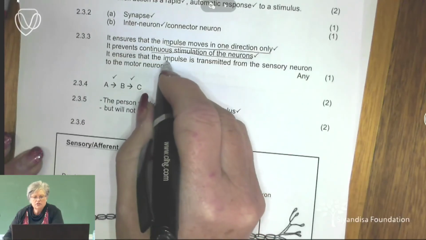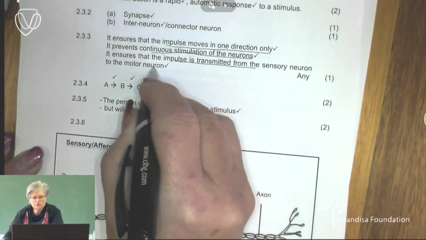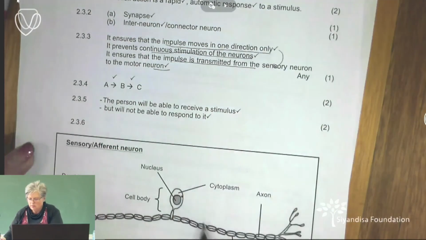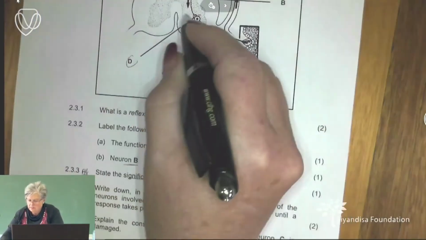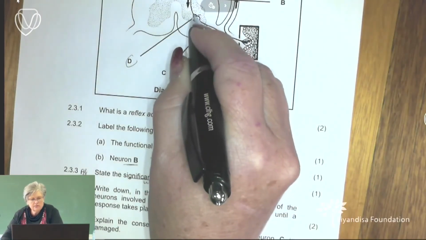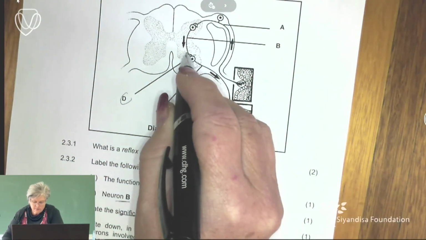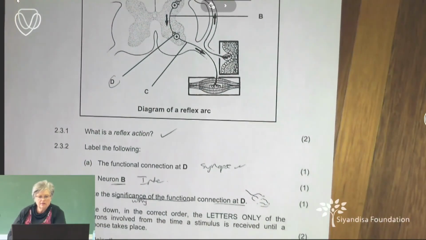And it ensures that it is transmitted from the sensory neuron to the motor neuron, in the correct direction, because it is at the end of the axons here and at the beginning of the dendrites there.